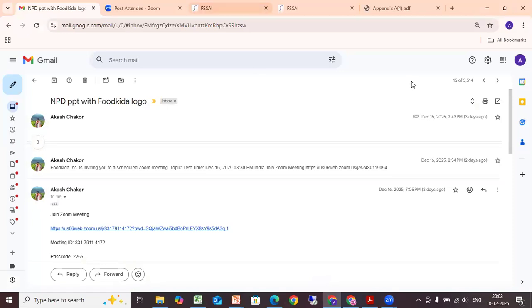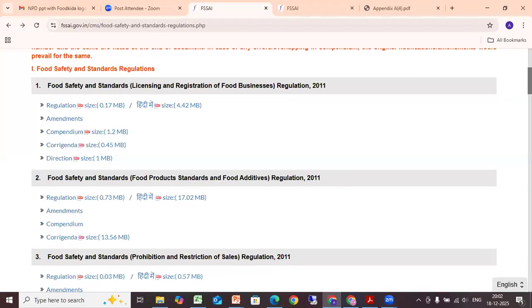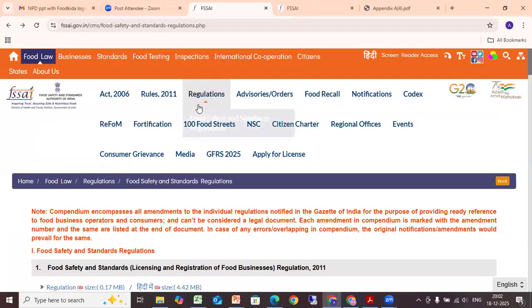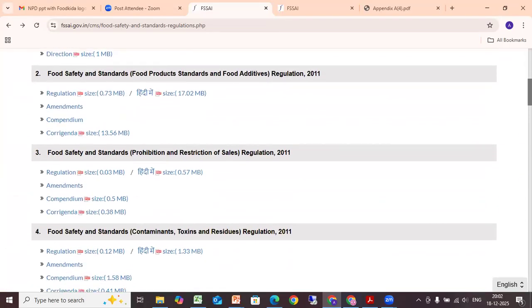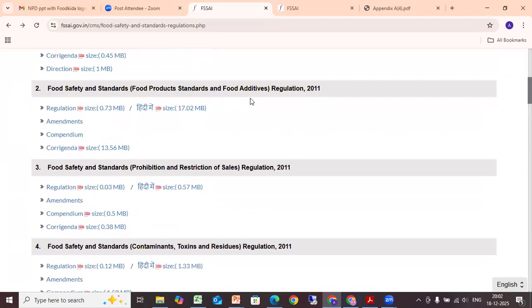For all this information, you go to the FSSAI site, fssai.gov.in. There is a tab here, food product standards and food additives regulation.